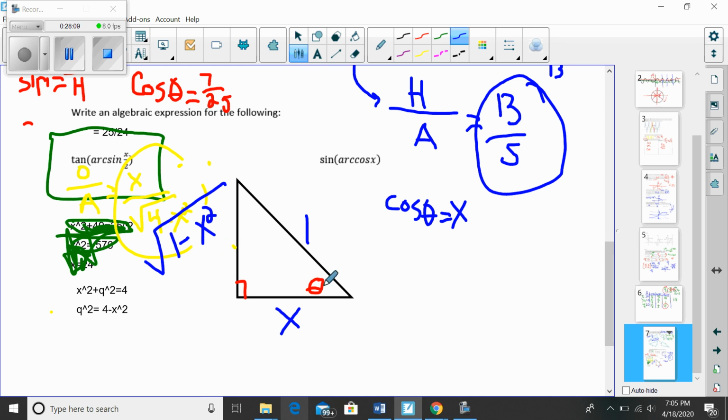Now if I want to find sine, sine is opposite over hypotenuse. The hypotenuse is just 1, so I don't have to put it. So this would be my answer.